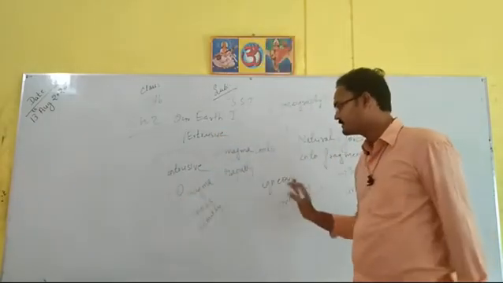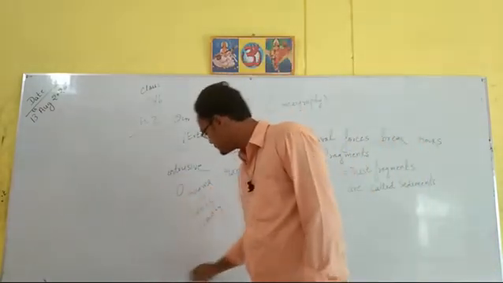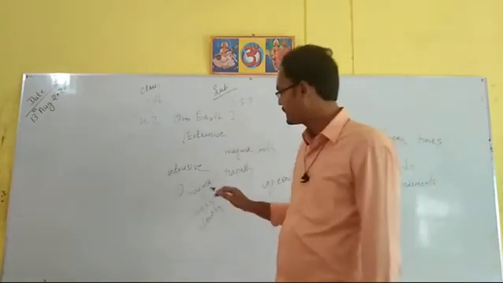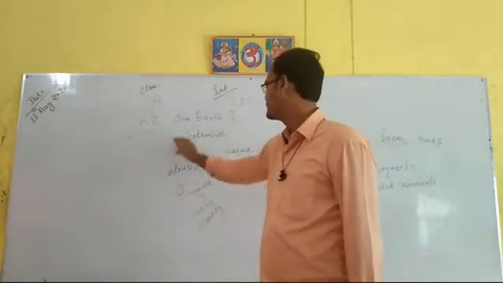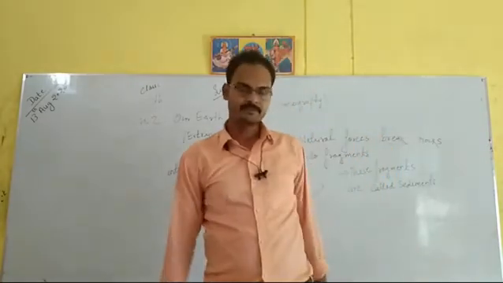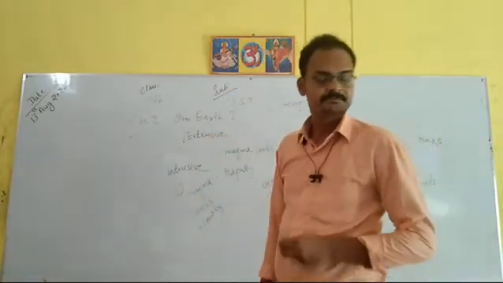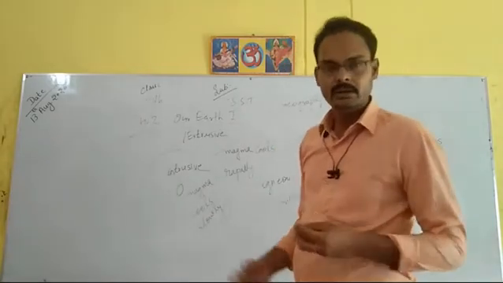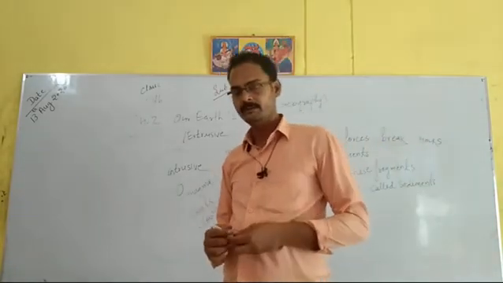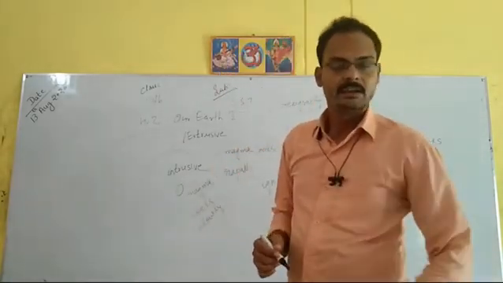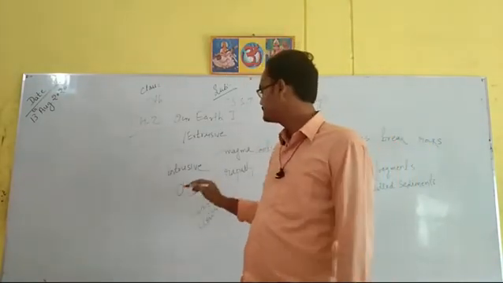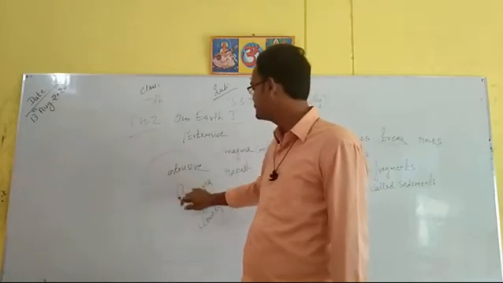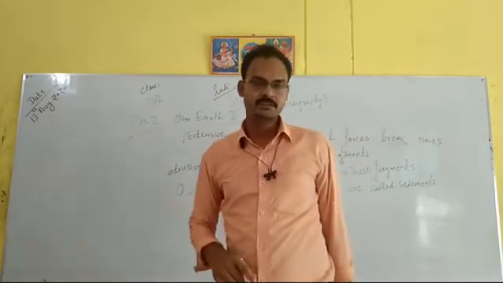So students, in the whole land part of our earth, the inner part we can say intrusive and the outer part we can say extrusive. In that, all types of rocks have been formed, and igneous rocks are found on both sides, intrusive igneous rocks and extrusive igneous rocks.